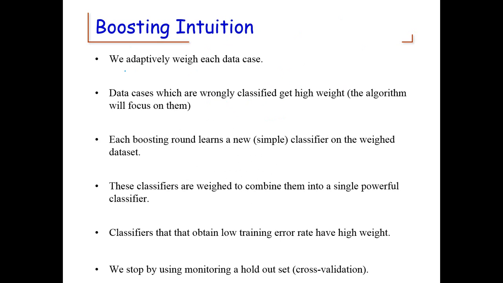So the idea is to adaptively weight each data case. The data cases which are wrongly classified get higher weight. That's the idea here. So a particular observation, if it gets wrongly classified, then it gets higher weight in the next round.